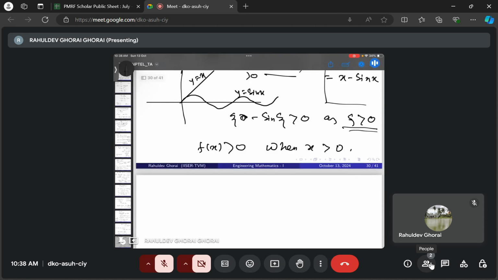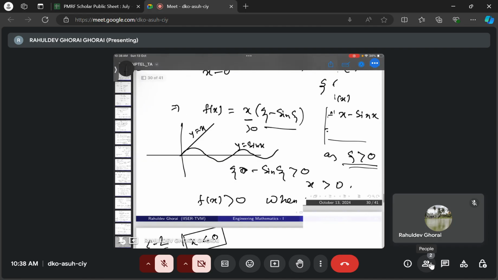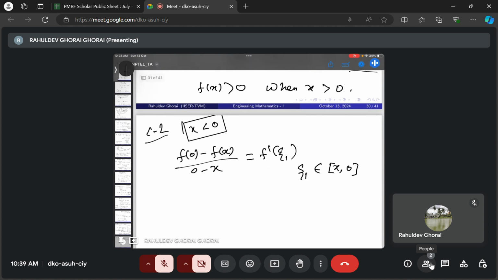We still haven't done case 2. What is case 2? We will have x less than 0. Again do the same thing. In that case, (f(0) minus f(x)) over (0 minus x) will be equal to f prime of xi 1, some other xi 1, which belongs to (x, 0), because x is less than 0, a negative number.